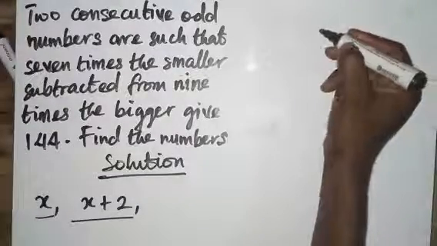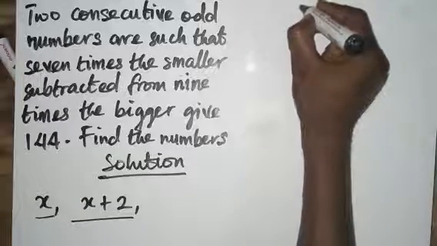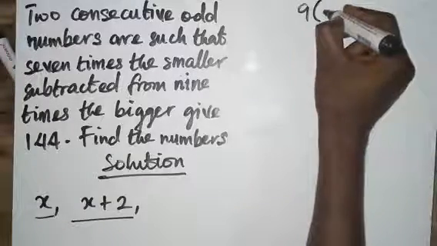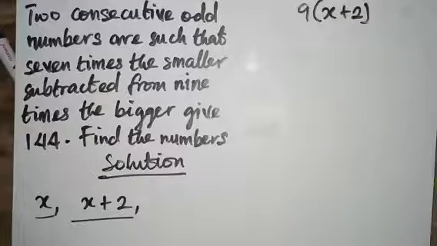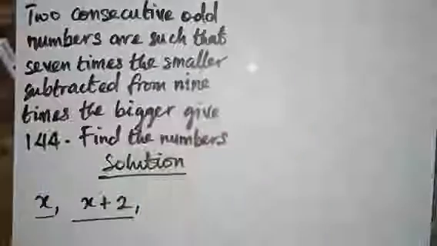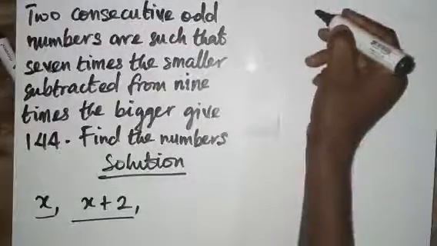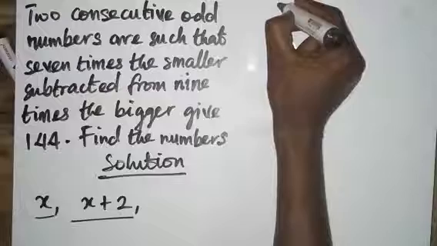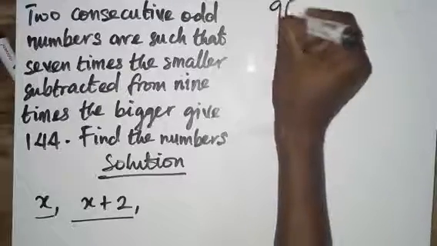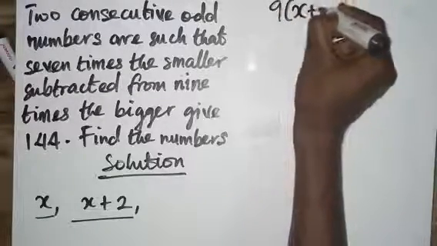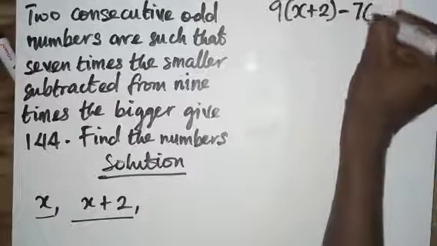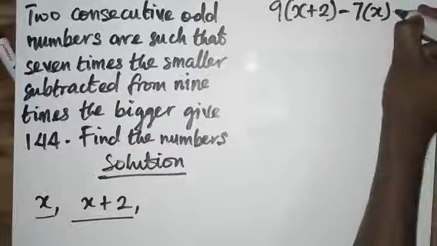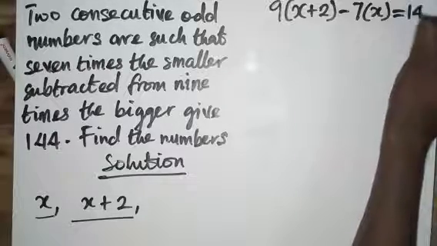So from the information, 9 times the bigger, x plus 2, minus 7 times the smaller, x, gives 144.